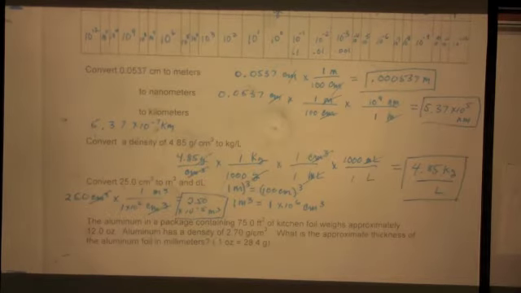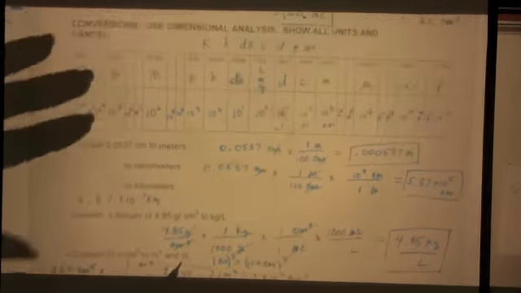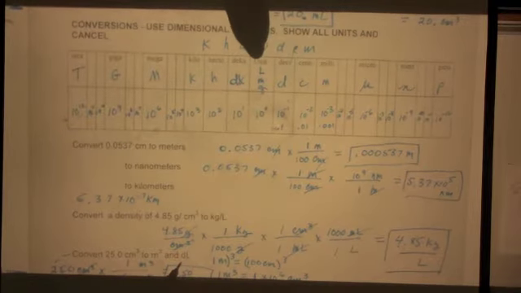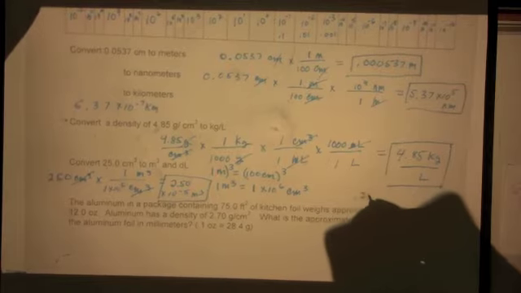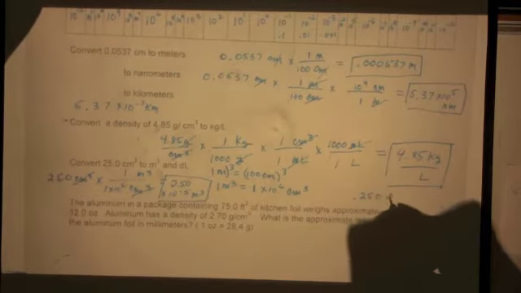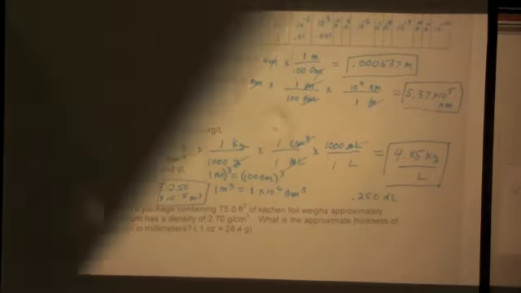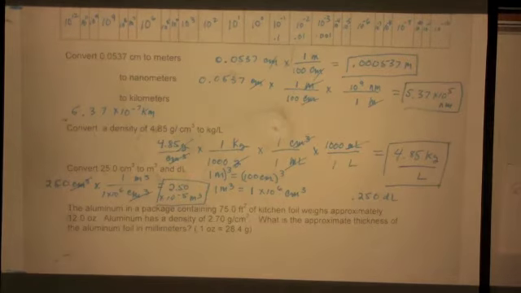Now again, to go to deciliters, that is 1/10 of a liter. I'm going to let you do that on your own. You should come out with 0.250, and that would be deciliters. Okay, again, a deciliter being 1/10 of a liter.